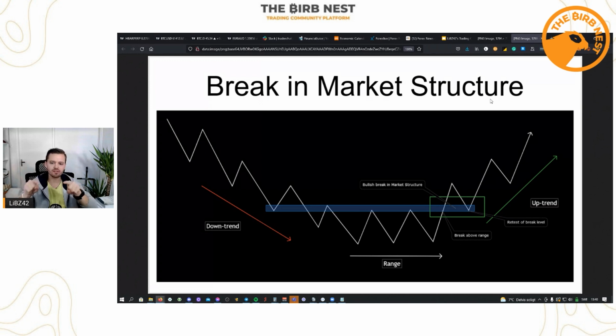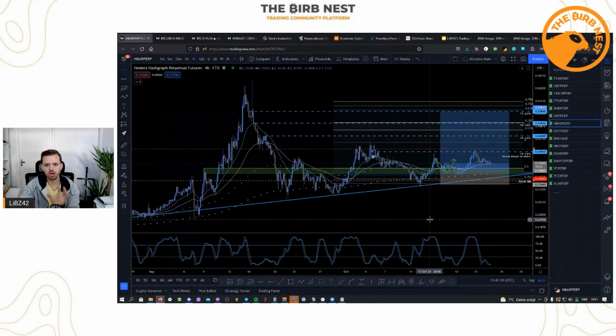So I always have this market structure and this idea of a bullish or bearish break in market structure at all times in my head when watching the market. So if I'm not seeing this, I'm not really interested in the trade, but if I see something that just clicks and it reminds me of this, I know that it's a chart that I should be watching, right?